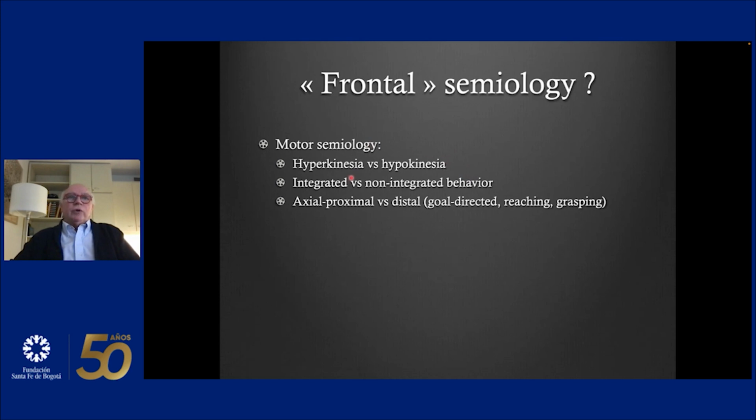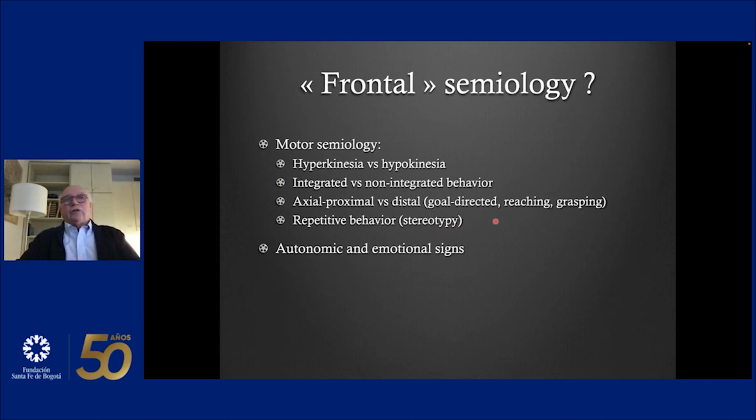You also have in the motor semiology to distinguish the axial, proximal versus distal behavior. It can be goal-directed behavior, reaching and grasping with the hand. So the region of the body from where it is organized is important to consider. And we'll see a lot of repetitive behavior that we call stereotypy, because it's the definition.